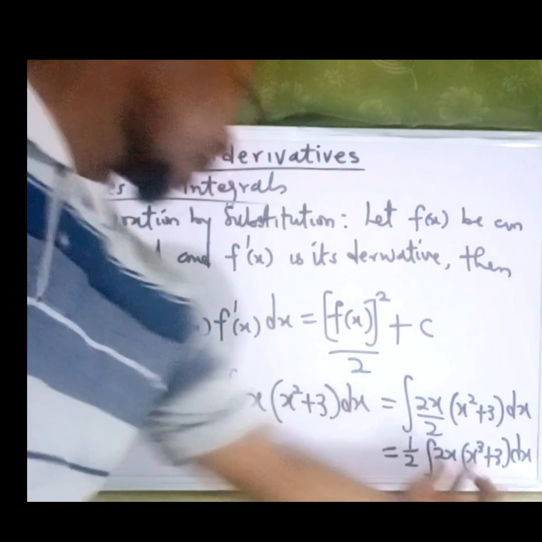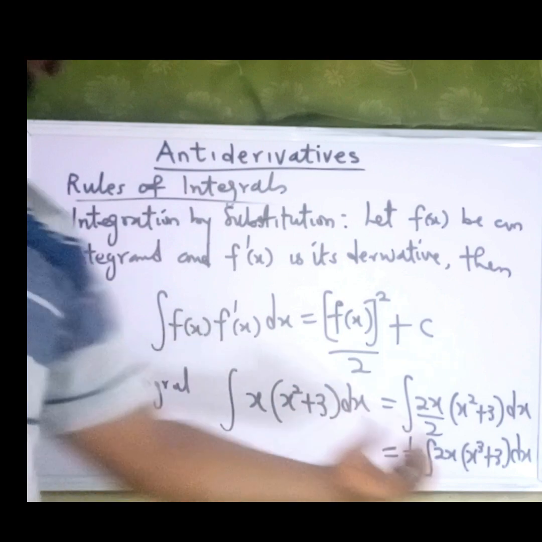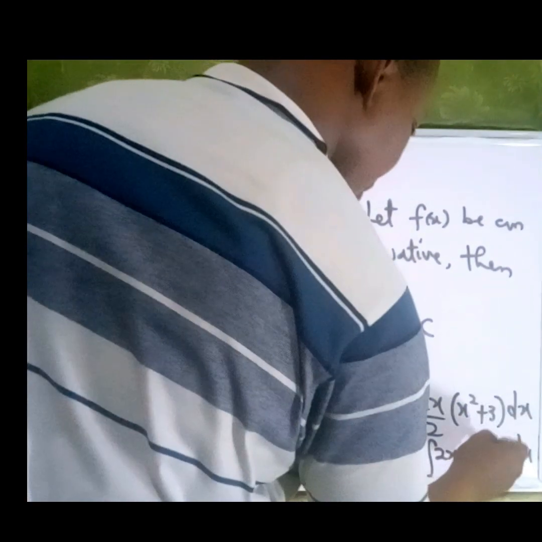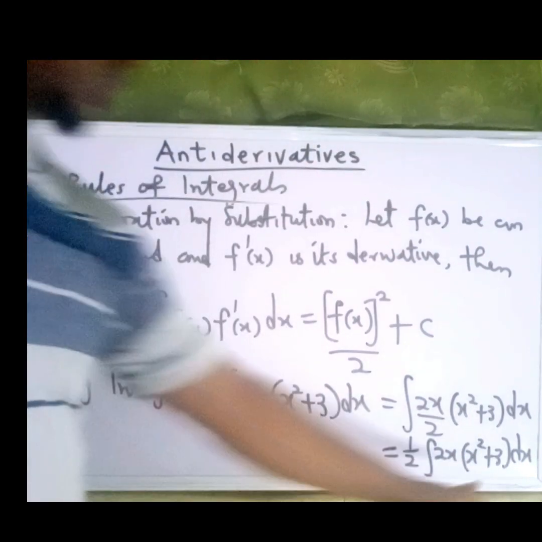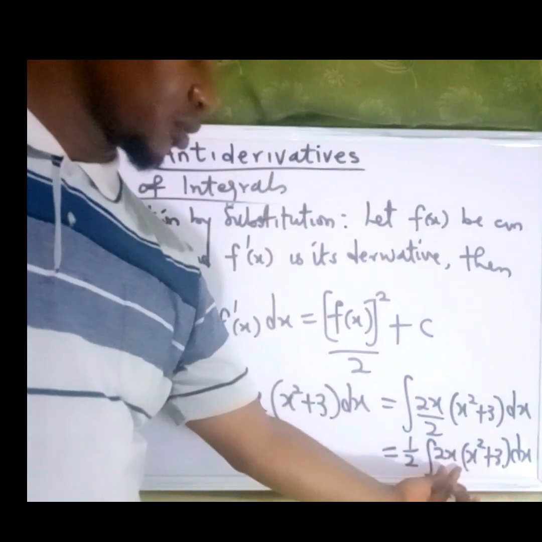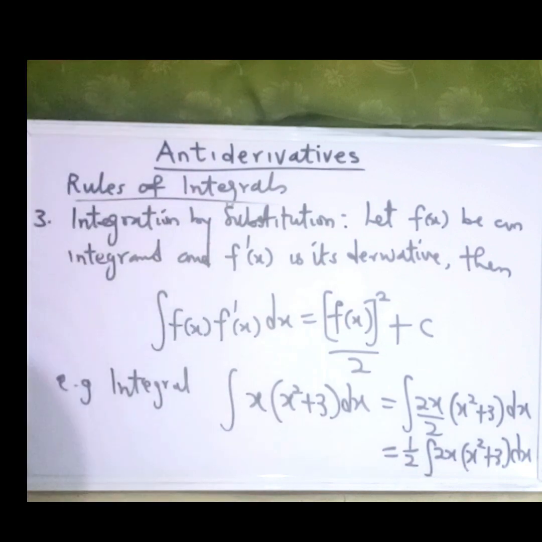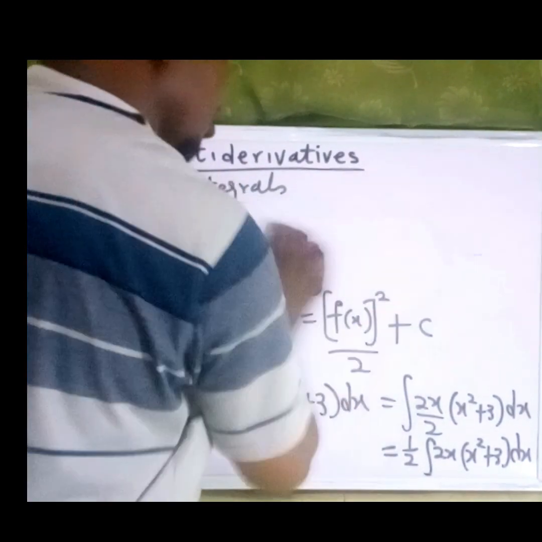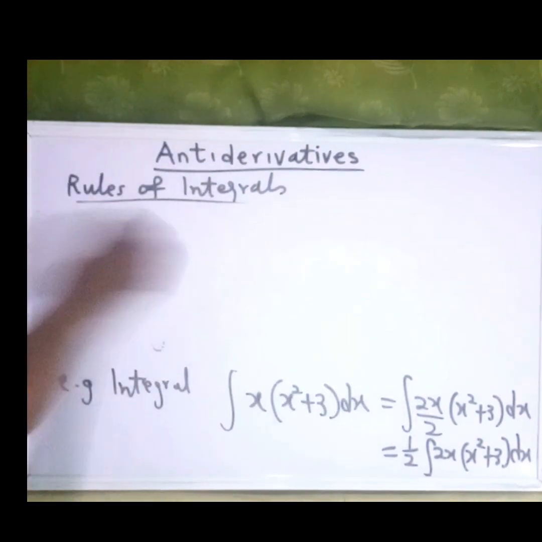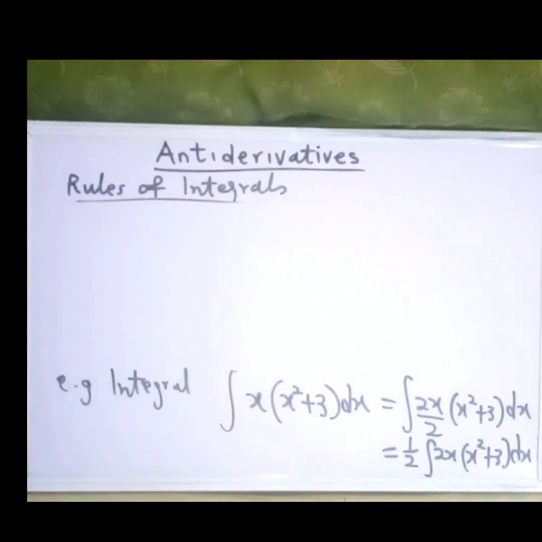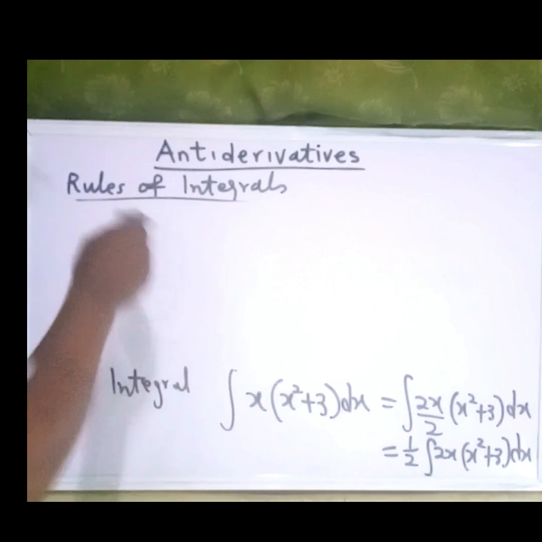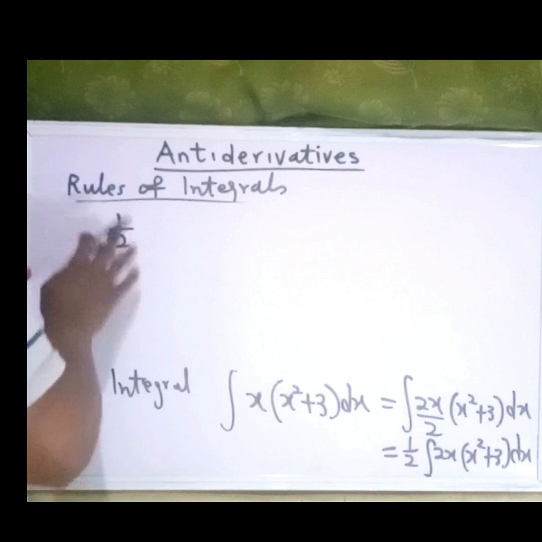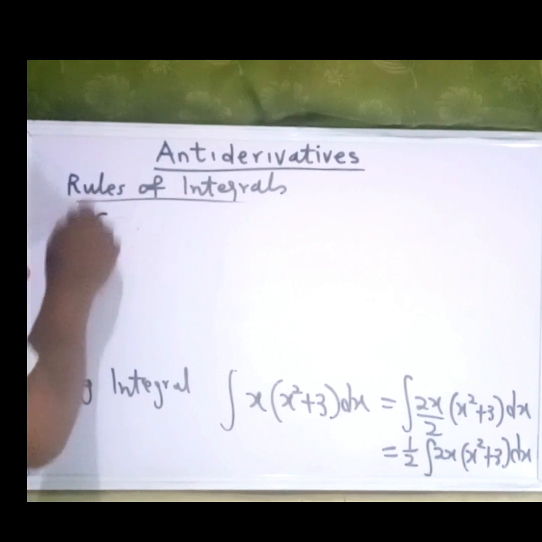This formula looks like what we have here because the derivative of this is 2x. It's exactly 2x here. So we can now evaluate this. We can now find the antiderivative of this. One can use the quick formula straight away, and then we can also use the other. Okay, so let's write this formally.